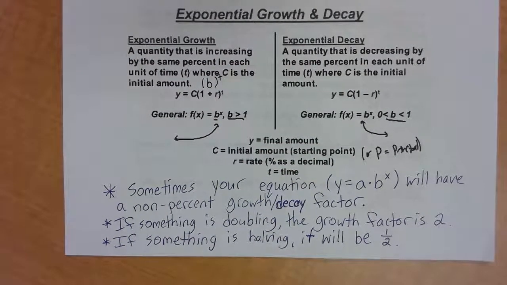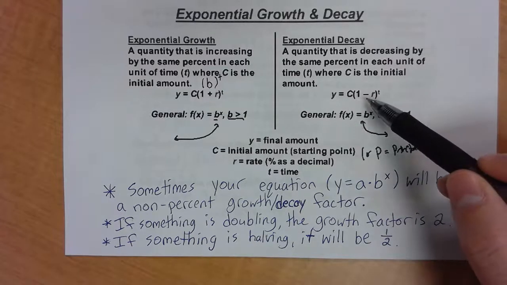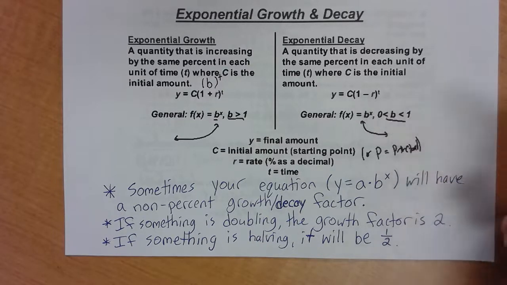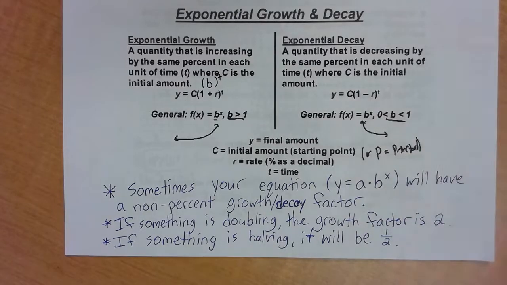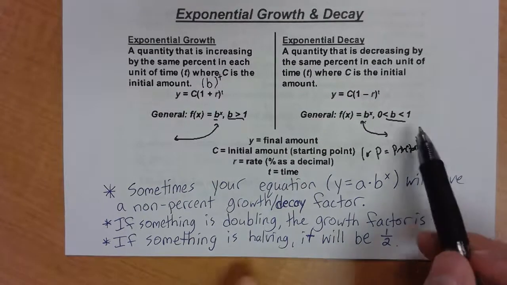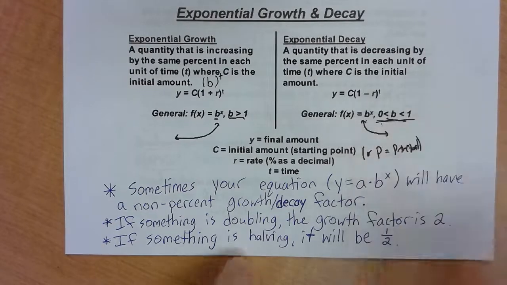The other side of that will be decay. And you will always have the same C as a starting amount. And the parentheses will always be that B value right here that is going to be your growth factor or decay factor in this case. And if you have decay, you will always have it between 0 and 1.